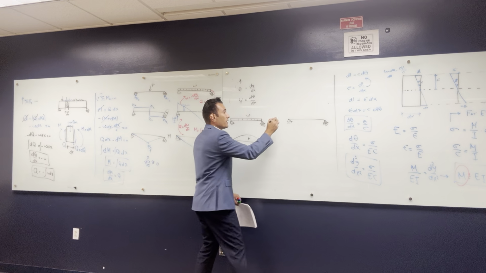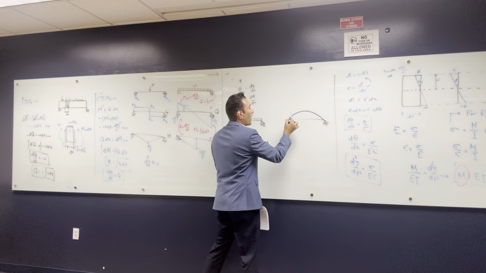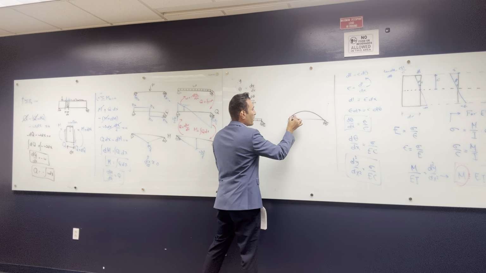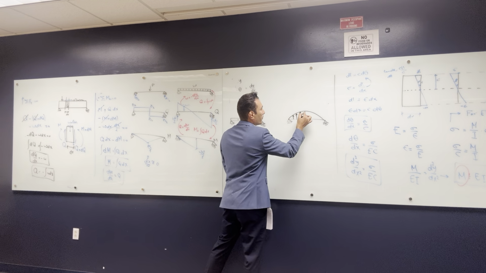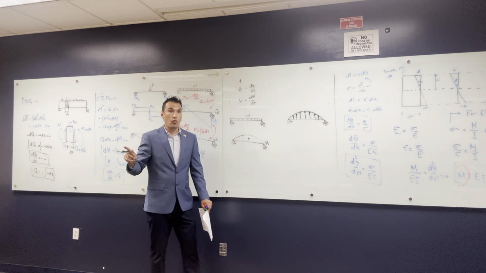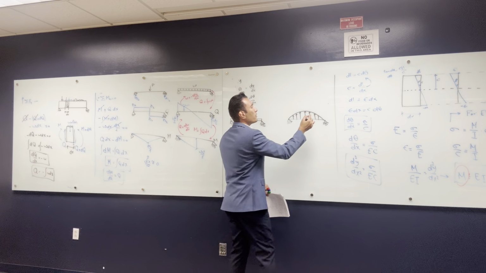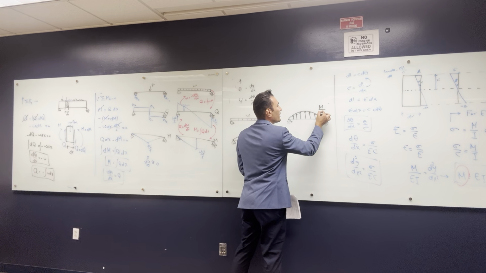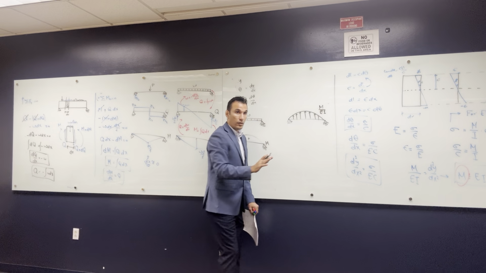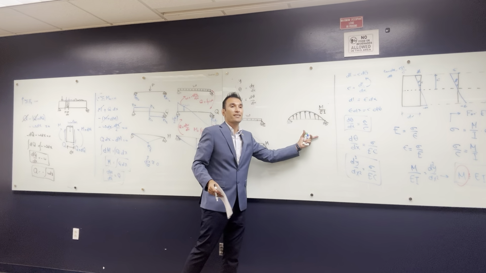I'm going to take this bending moment and put it as a load. It's not a moment anymore. If it's positive, I'm going to make the load go up. This is a load on the beam, and this load is equal to M divided by EI. So I'm going to put the moment over EI as a load.